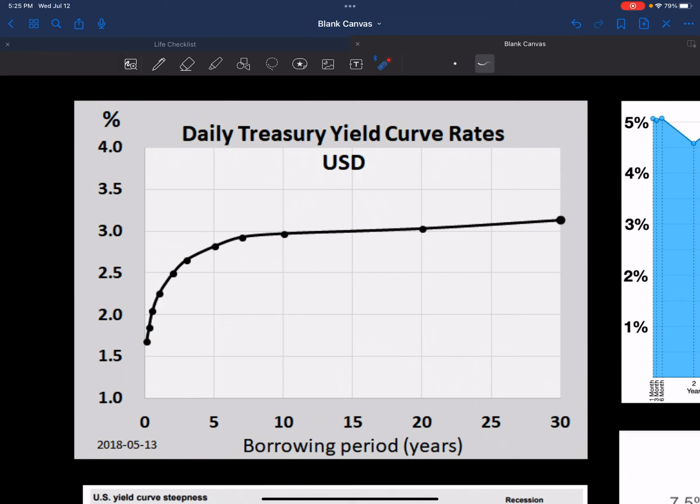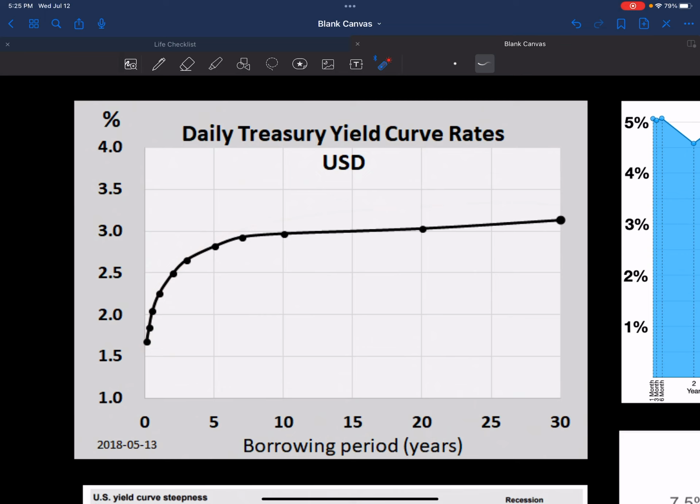This could make intuitive sense because why would we expect a lower interest rate in the short run than in the long run? Well, we're less likely to get our money back in the long run than in the short run. Makes perfect sense. It's completely intuitive if you really give it time and think about it. All things being equal, we would expect less money in the short run and more money in the long run, and it would look something like this.